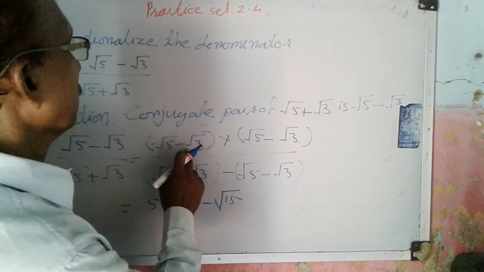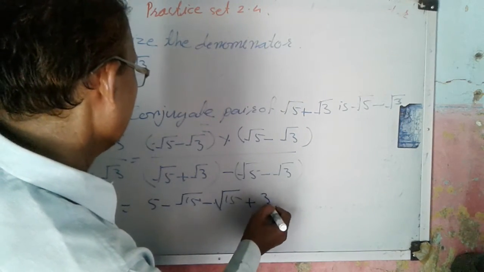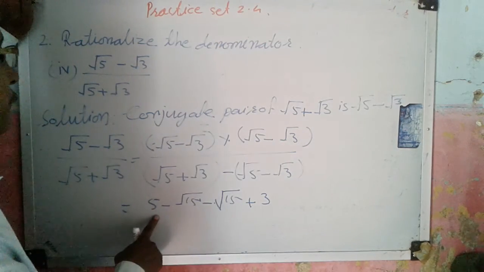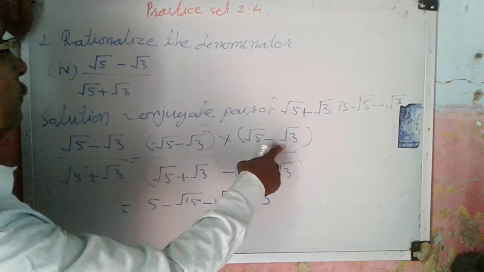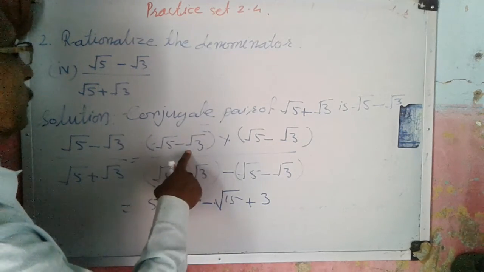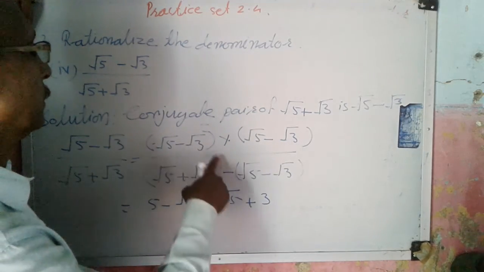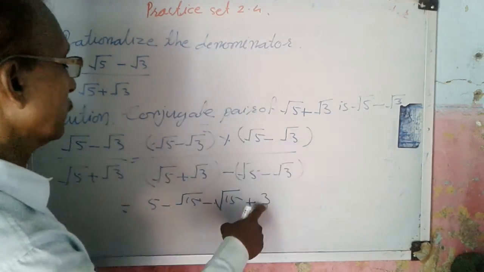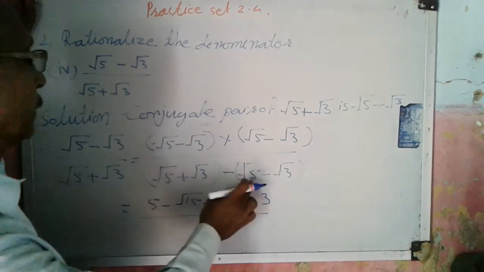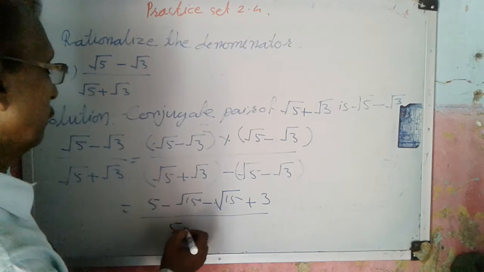And minus root 3 into minus root 3 we get plus 3. Understood? Denominator: according to the formula, 5 square minus 3 square, that means 5 minus 3.